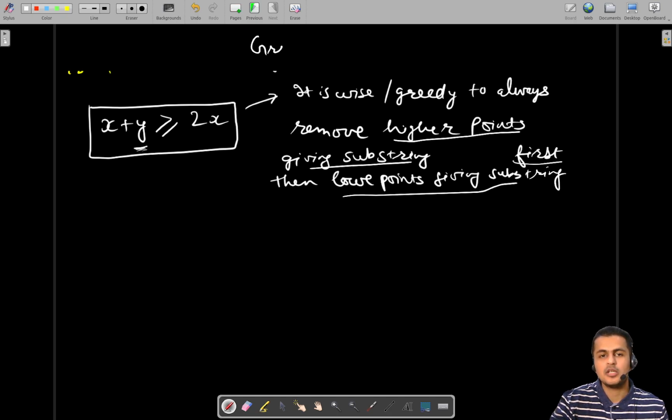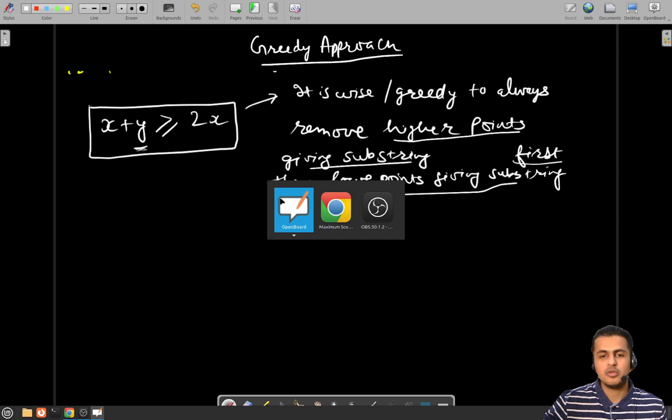So this is a greedy approach. The only concern for us now is how we will be removing these. Let's have a look at the implementation and then try to understand how we have implemented this removal. So let's take the implementation to the board.